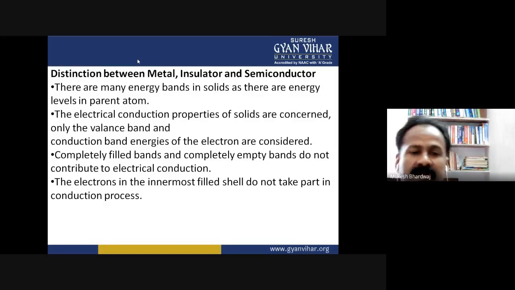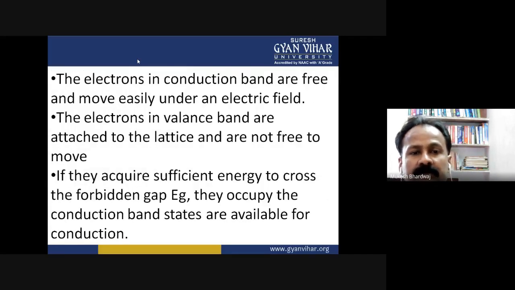So we conclude that in the conduction process, the valence electrons or free electrons are the ones that contribute. Next, the electrons in the conduction band are free and move easily under an electric field.